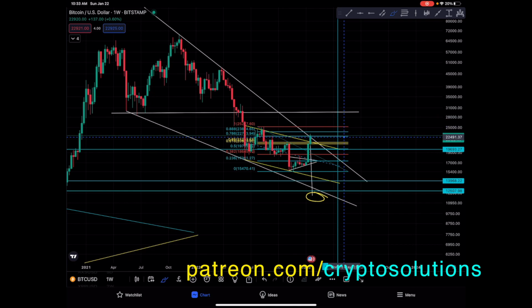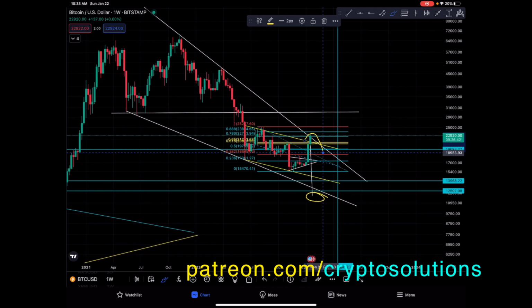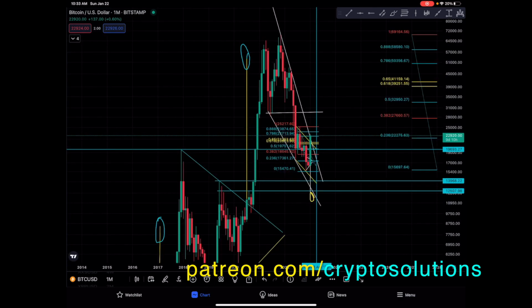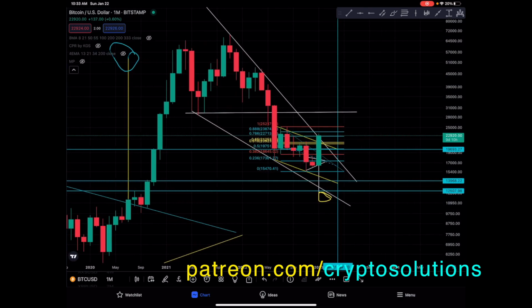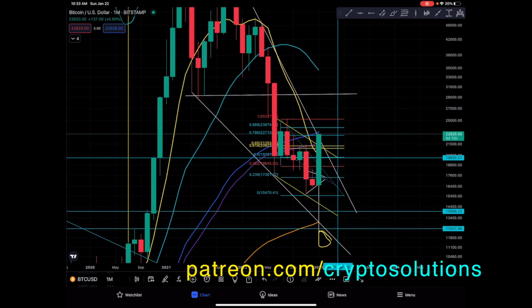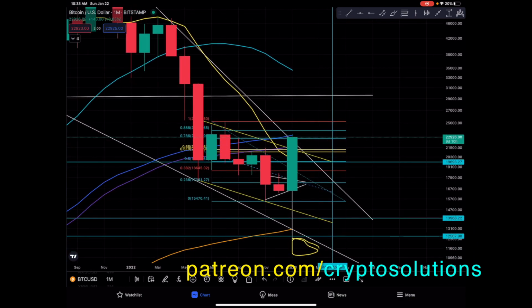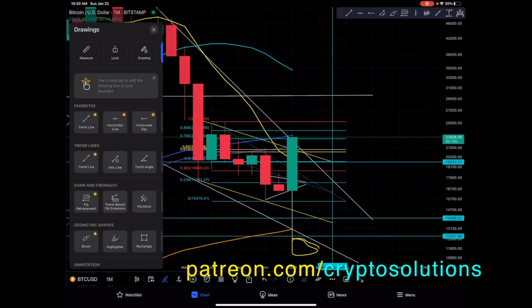This can be a fake out. But I'm leaning more forward for this to be a breakout to the upside because of the monthly simple moving average, the 8 simple moving average in the monthly time frame. Here, the yellow line, that is a very bullish sign.